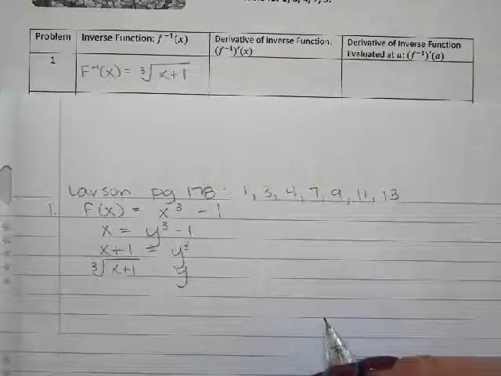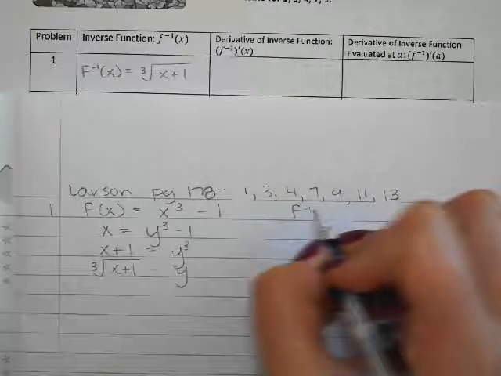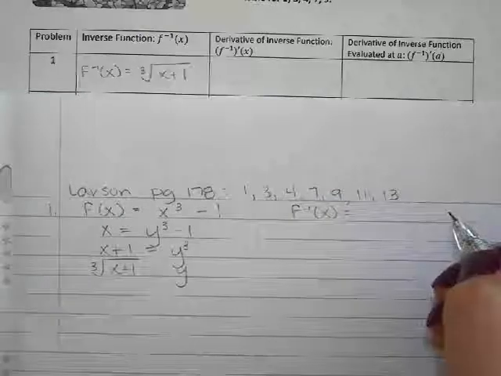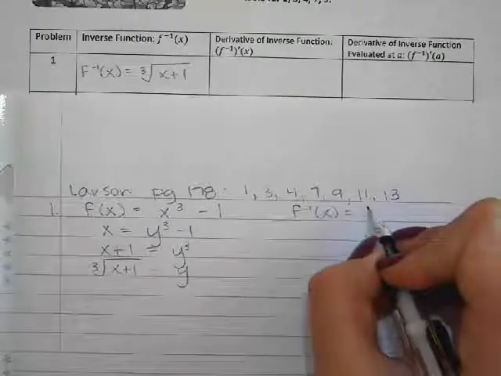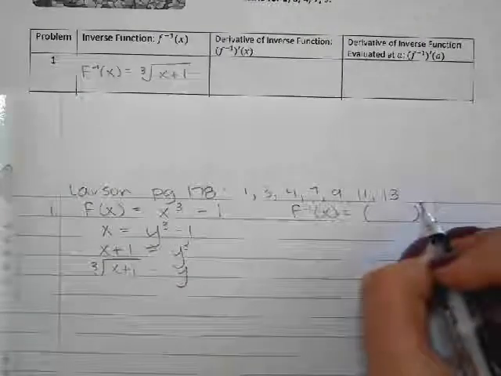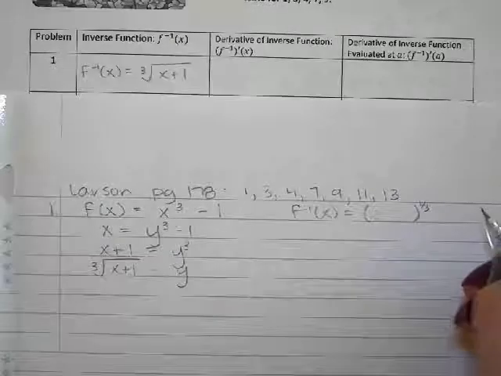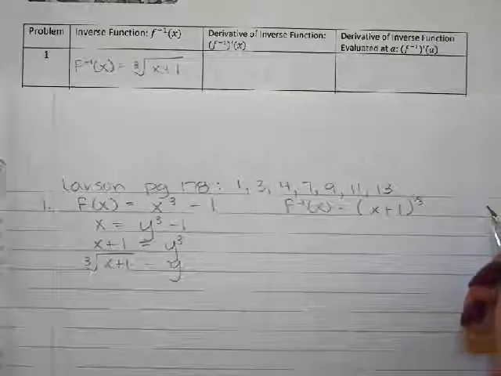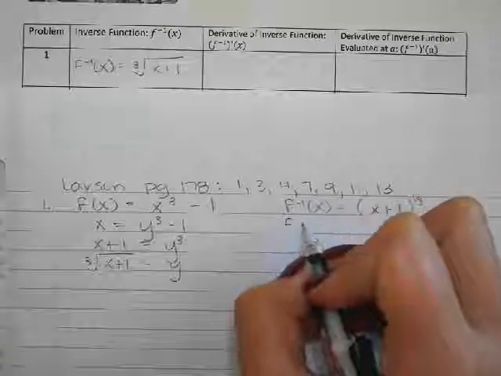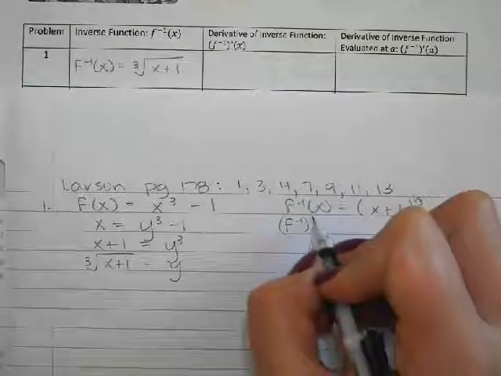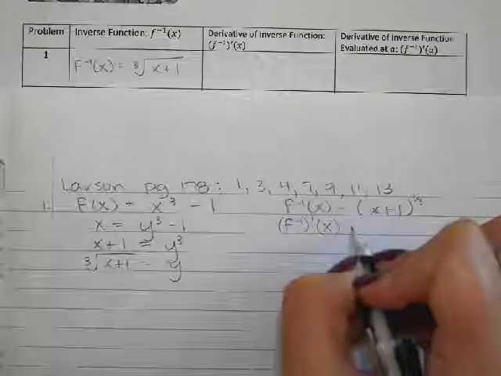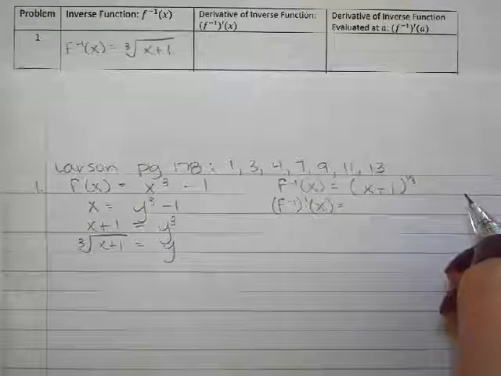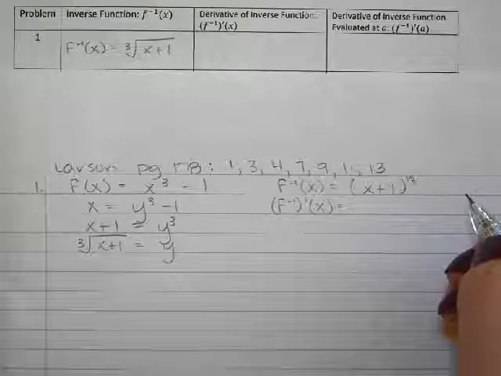Okay, so now our inverse function, are you guys okay with me rewriting that so it chain rules nicely with the 1/3 exponent? Okay, so I have x plus 1 to the 1/3. I need to find the derivative of it. So now I'm going to say f inverse prime of x, because I'm doing the derivative, and I'm doing the chain rule.